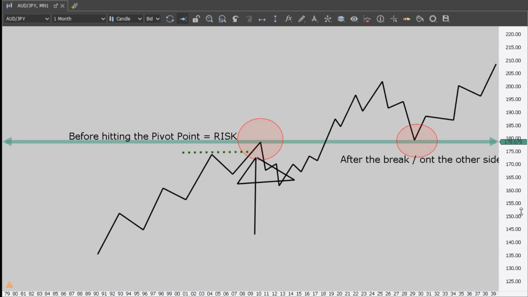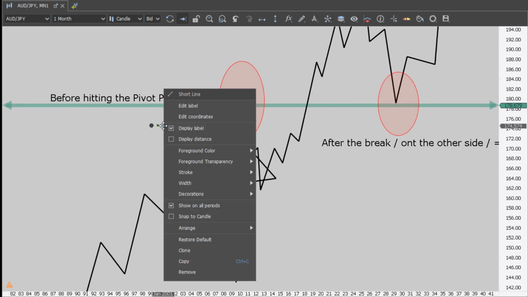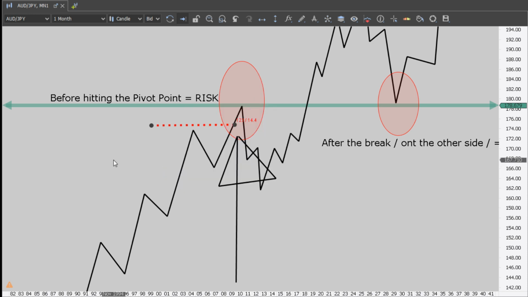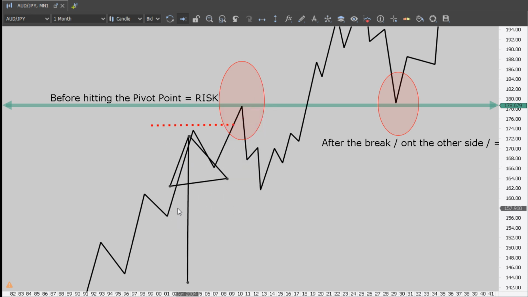Yes, just give me a second. Okay, let's make it yellow, or red. Okay, red line. Some of you, and we are telling you don't do this. Some of you are entering in here.